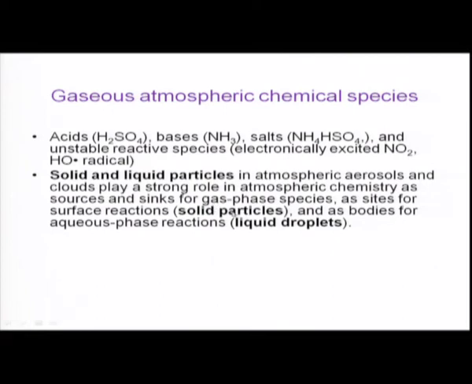And also aqueous phase reactions are possible. The liquid droplets in the atmosphere also solubilize the previously mentioned organic and inorganic compounds. So, in addition to gaseous species, solid particles and liquid particles are also present in the atmosphere.